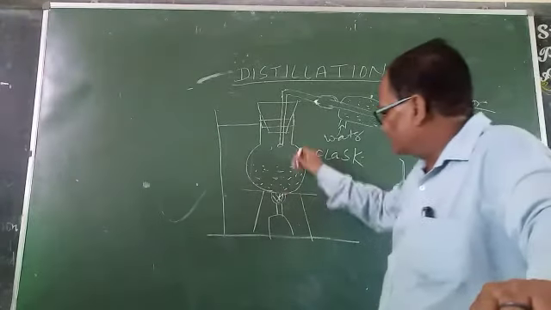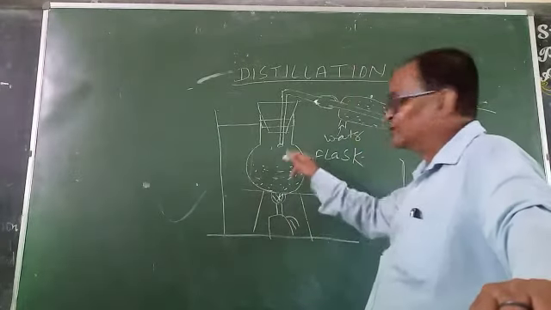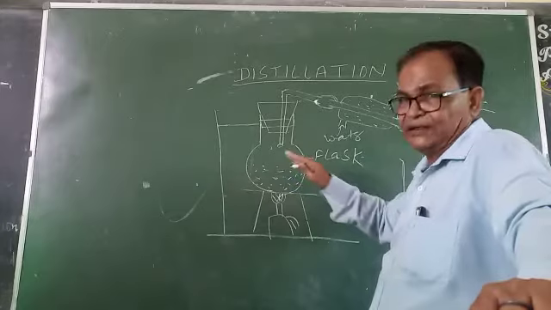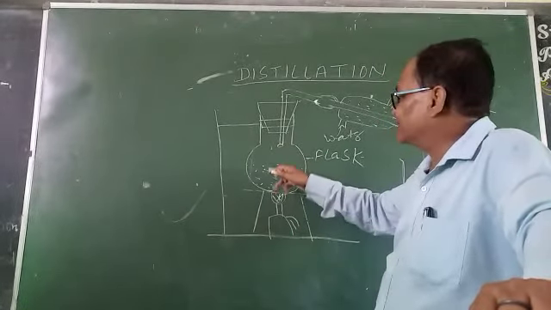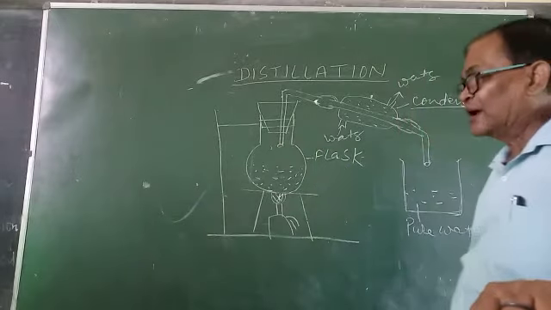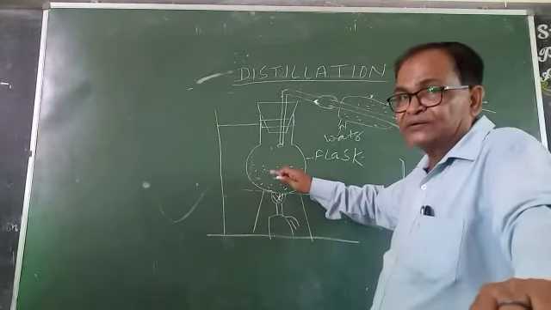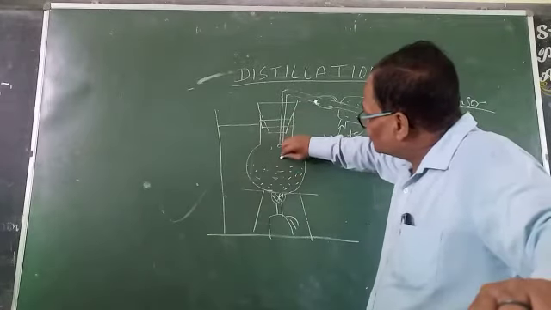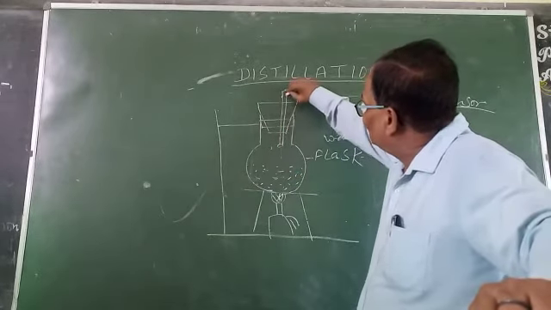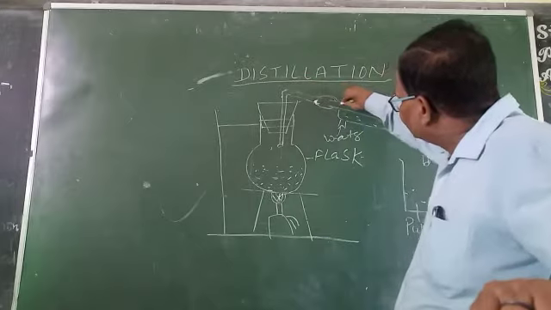When we start heating the mixture, the liquid here, liquid is water, gets evaporated. The water vapors produced pass through this delivery tube and the condenser.